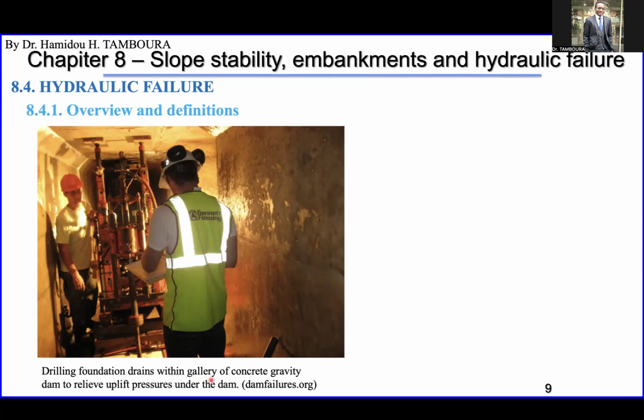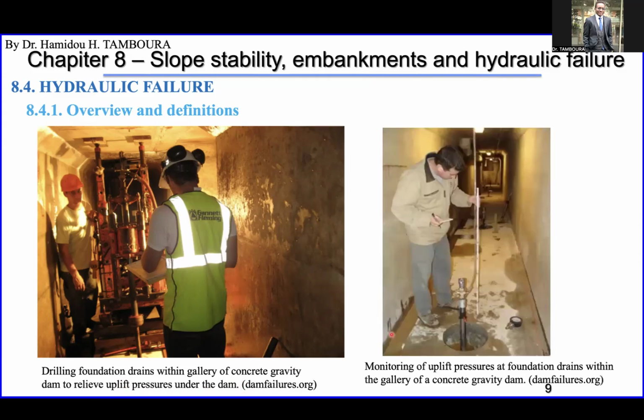So in the gallery of a concrete gravity dam, this will relieve the uplift pressure under the dam. And here is a photo showing how the monitoring of the uplift pressure is conducted at the foundation drain in the gallery. It's large enough to allow people to enter.